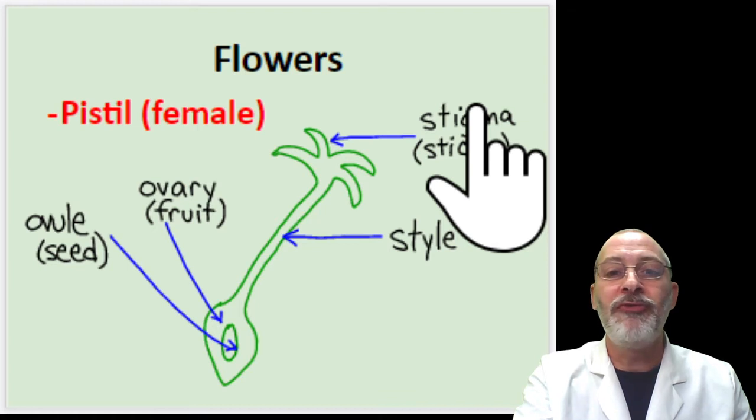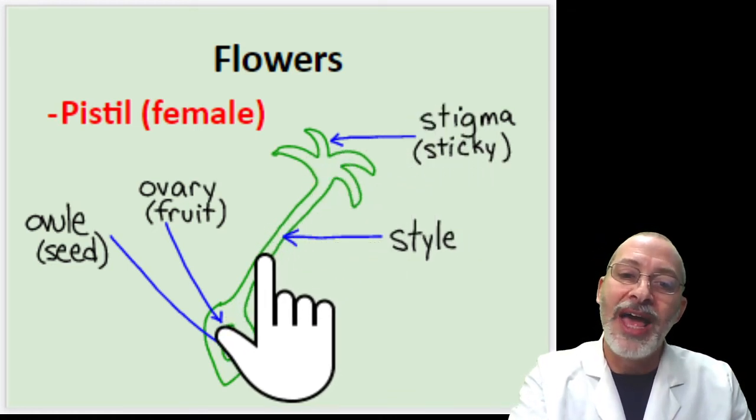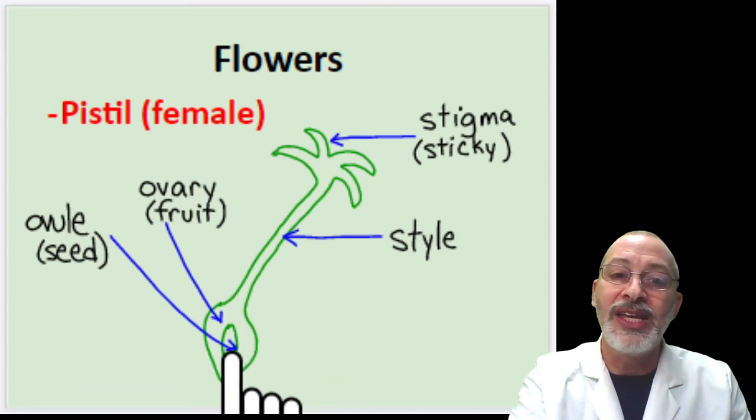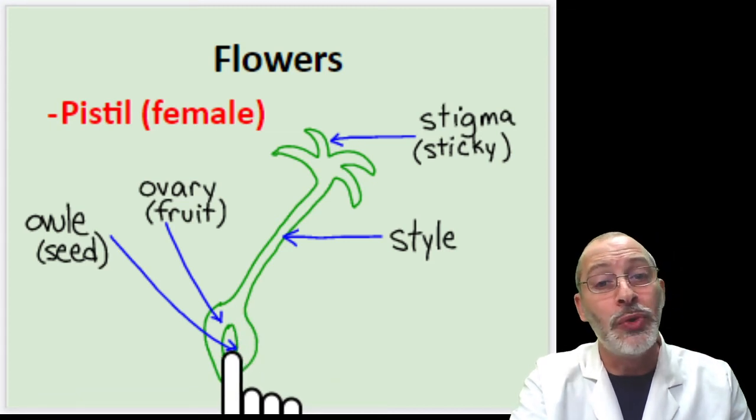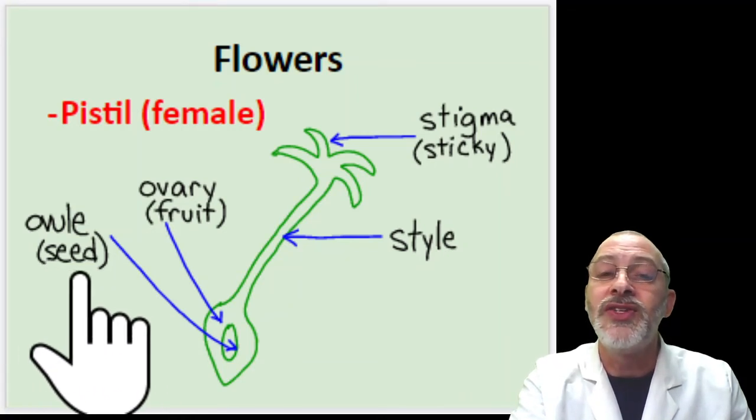So the sperm from the pollen has to land on the sticky stigma, travel down the style to fertilize the egg in the ovule, which will, when fertilized, develop into the seed.